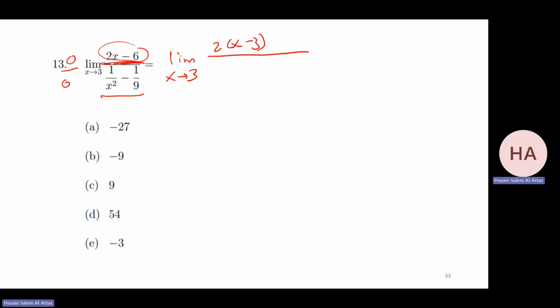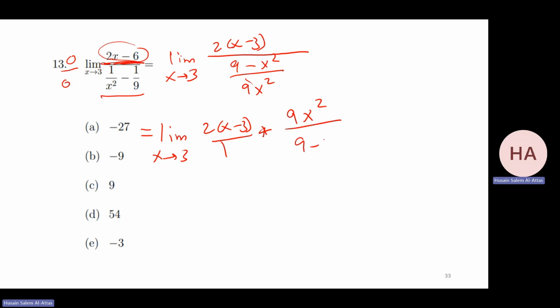Find the common denominator, which is 9 minus x squared over 9x squared. And that will be limit x goes to 3, 2x minus 3 over 1 times the reciprocal of this, 9x squared over 9 minus x squared.